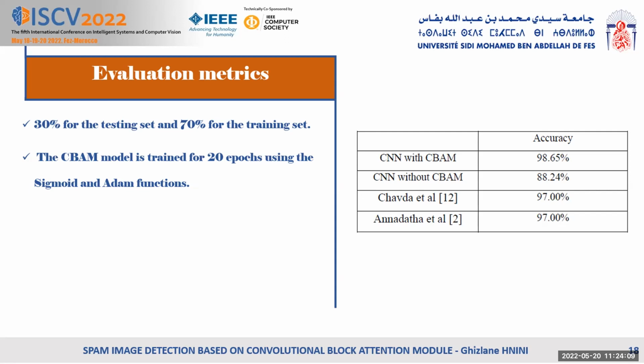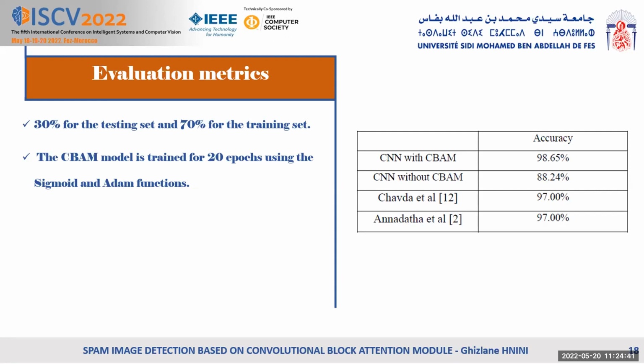The table presents the results obtained using the SEBA model on the Image Spam Hunter dataset, compared to existing state-of-the-art methods. We can say that the CNN with the SEBA model performs well on the dataset with an accuracy of 98.65%, while CNN without the SEBA model achieved an accuracy of 88.24%.